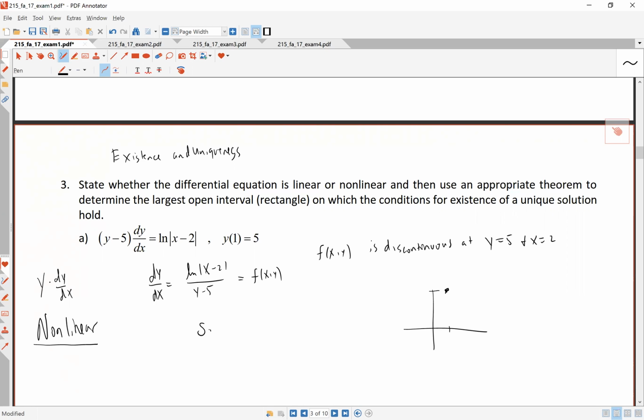But since f of x,y is discontinuous at y equal to 5, there is no rectangle containing 1, 5 where f of x,y is continuous.